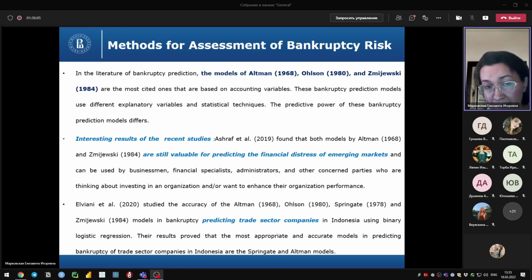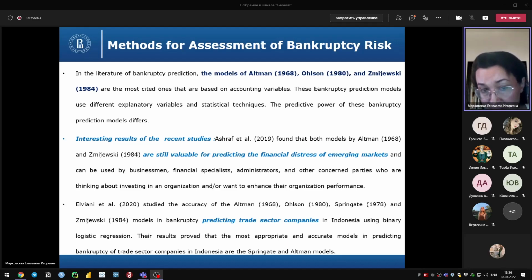Then another interesting result of the recent studies: Elviani and his colleagues in 2020 studied the accuracy of the Altman, Olson, Springate, and Zmijewski models in predicting bankruptcy of trade sector companies in Indonesia based on binary logistic regression.